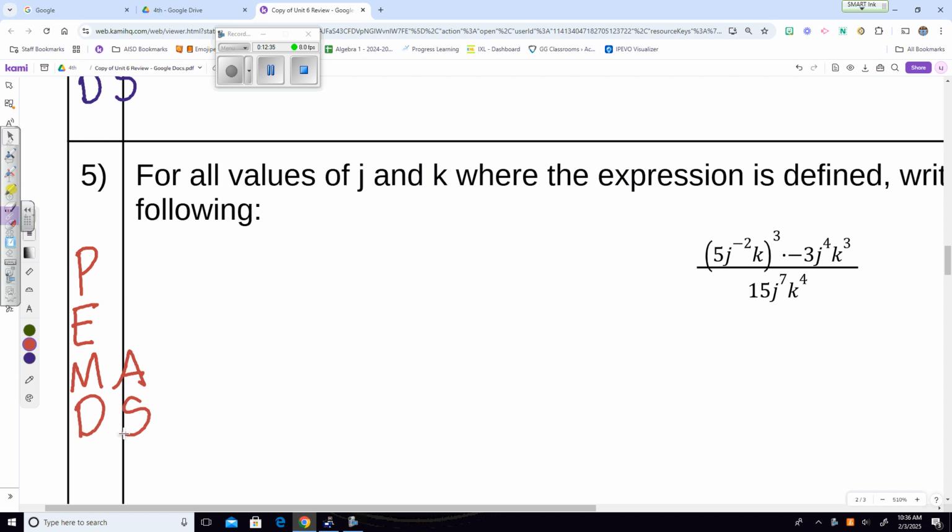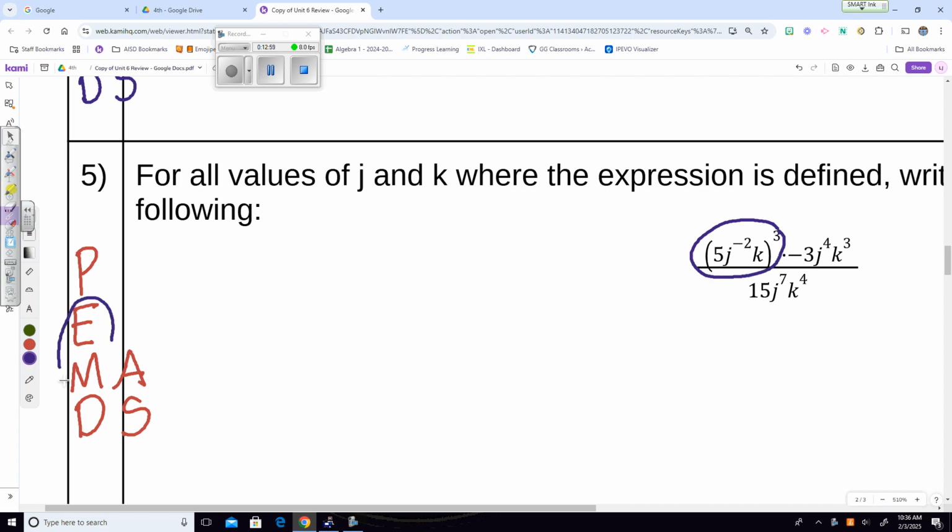So I have parentheses, but there's nothing to do inside. I can't simplify inside. All right. We have exponents. To exponents, do we have that? What do you think? I agree with you. We have exponent to exponent right here. Okay? So that's going to come first.